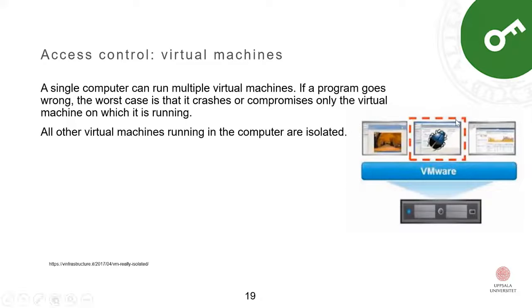So we might have a virtual machine that happened to have malware on it. Then the other virtual machines would continue working normally and will not be affected because of this isolation that virtual machines provide.